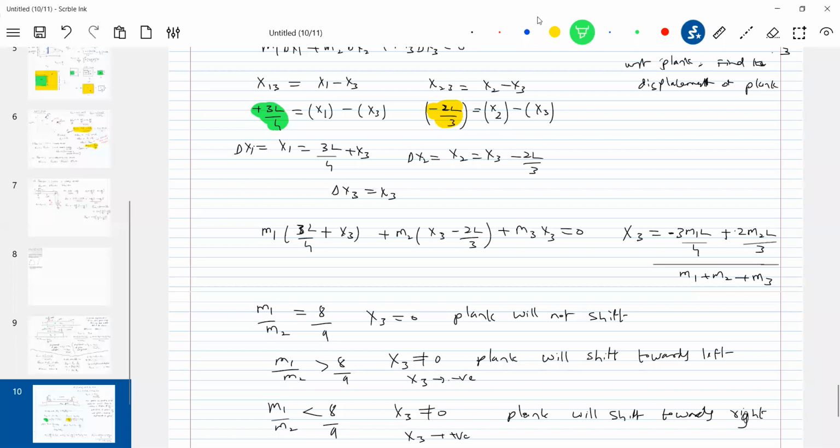So the assumption is: Planck is initially at rest and the persons walk slowly on it. That is the condition.